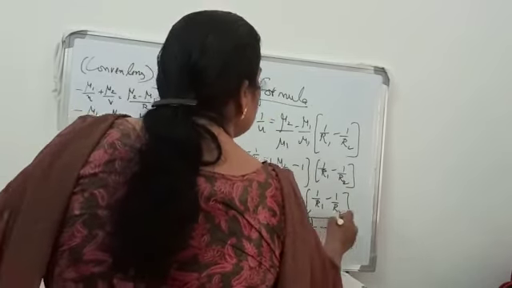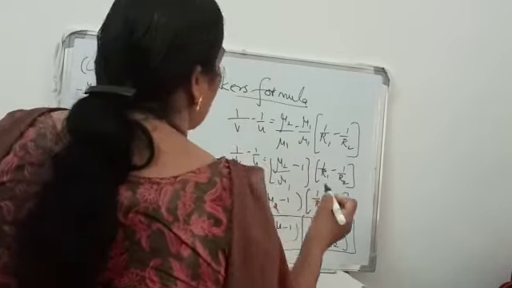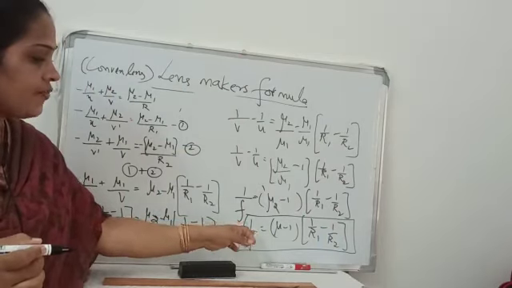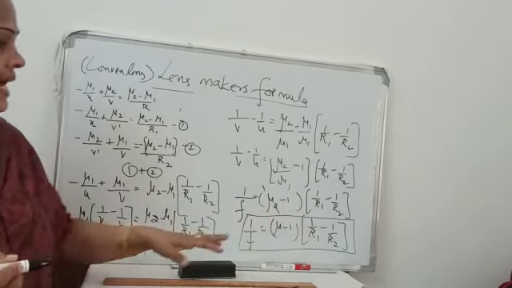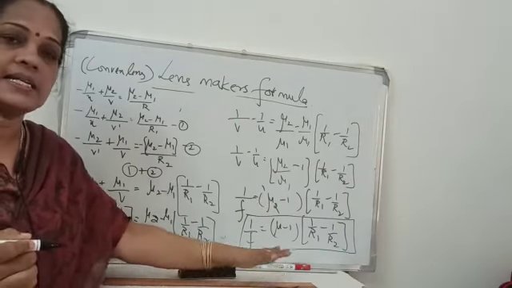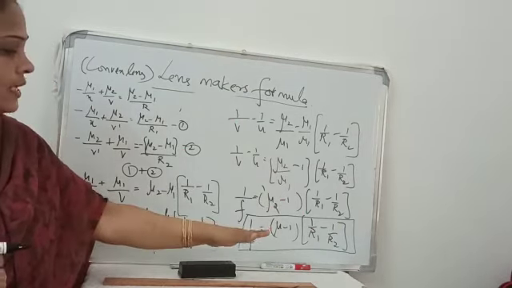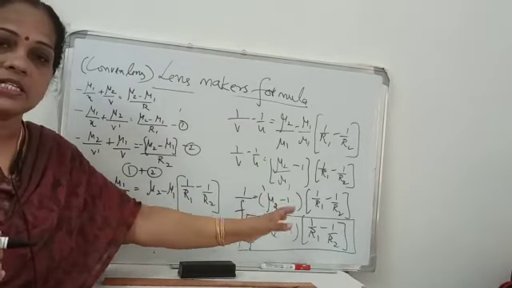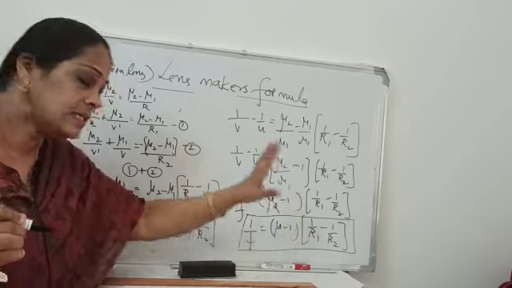This is the lens maker's formula for a convex lens. This is the relation connecting focal length, refractive index and radius of curvature of the two faces. The same formula is applicable for a concave lens also.